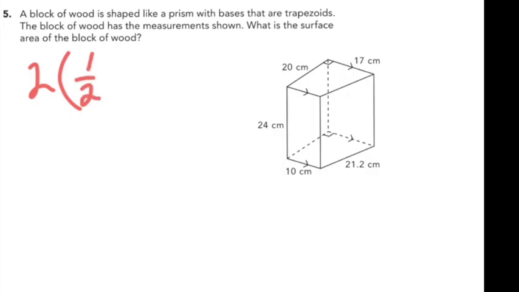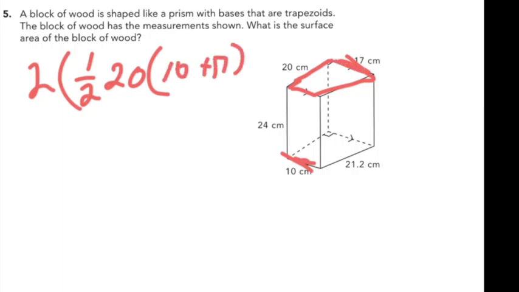The trapezoid's height is going to be 20 right here. There's a trapezoid here and an identical trapezoid at the bottom. So 1/2 times 20 times base 1, which is 10, you can see right here, plus 17. That will take care of the bases for you.